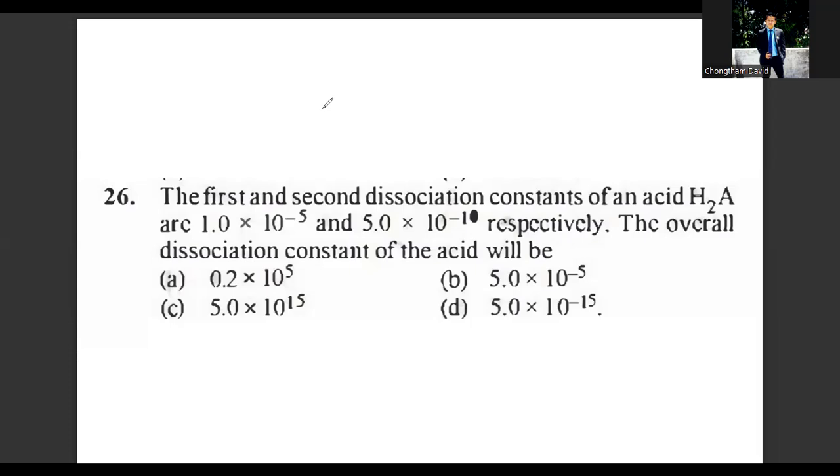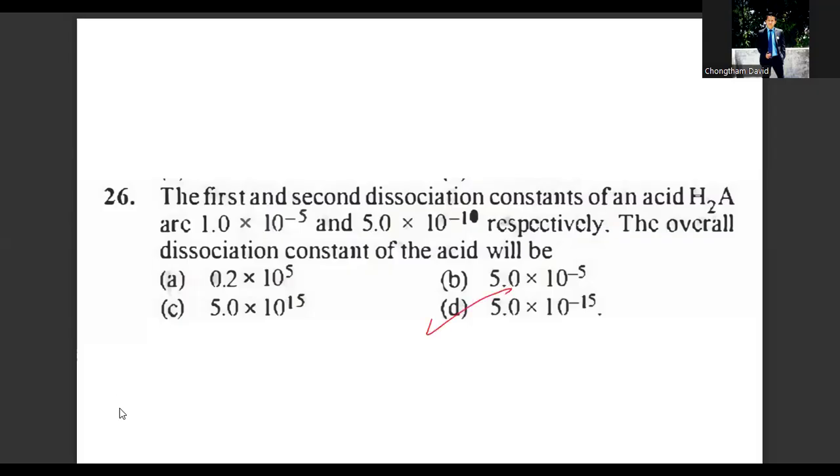Ka1 is given as 1 into 10 to the power minus 5 and Ka2 is given as 5 into 10 to the power minus 10. So simply multiply these two values, K1 into K2. After multiplying, you have 5 into 10 to the power minus 15. This would be the answer.